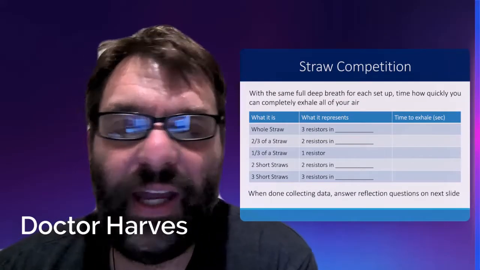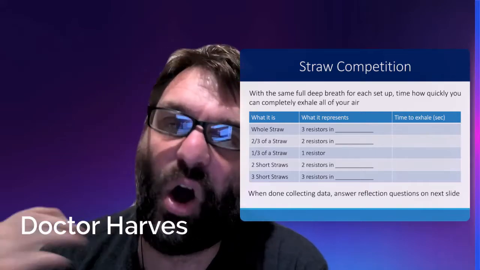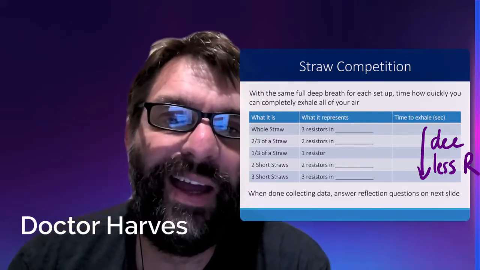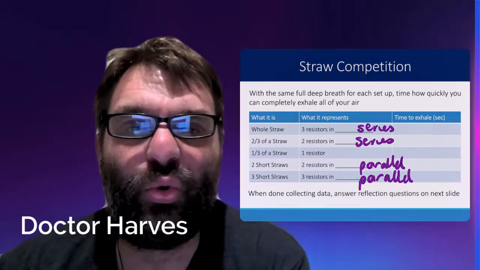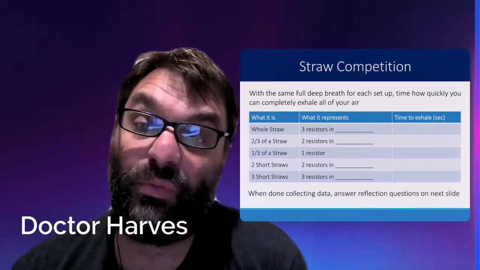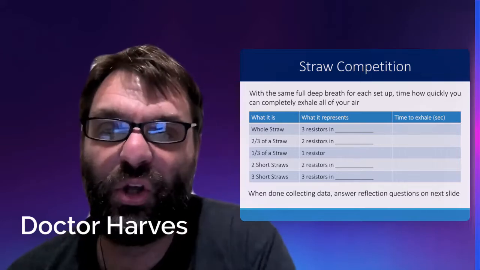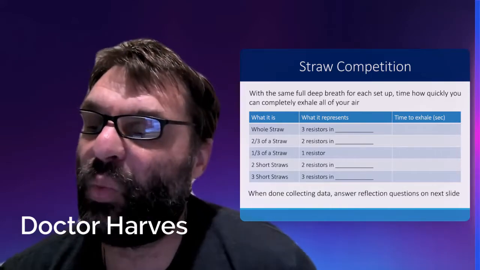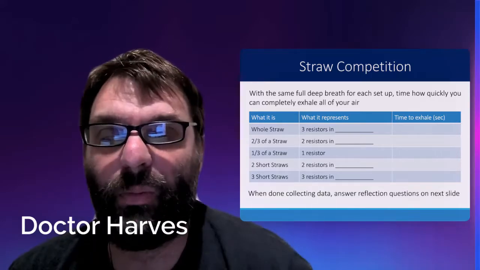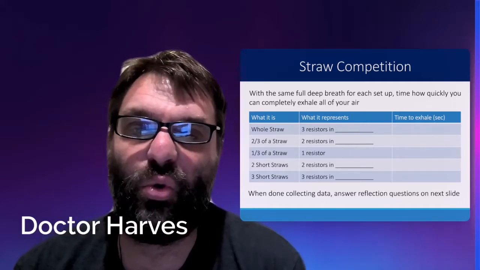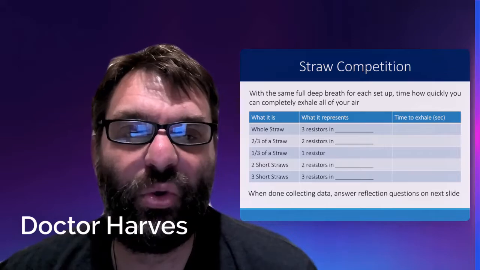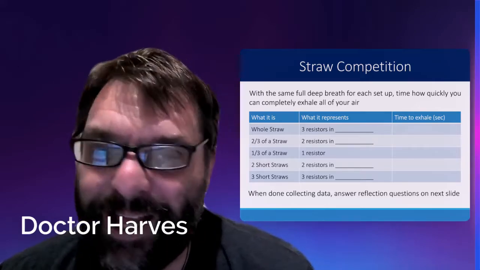What you'll see is that the time to exhale reduces as you go from a whole straw to 3 short straws. So a whole straw will be 3 resistors in series, 2/3 will be 2 resistors in series, 1/3 of a straw will be 1 resistor, and for the parallel circuits it will be your 2 short straws close together, and your 3 short straws will be your 3 resistors in parallel.